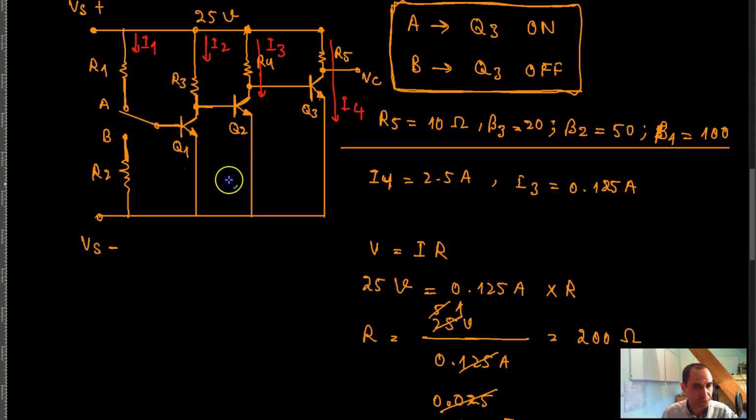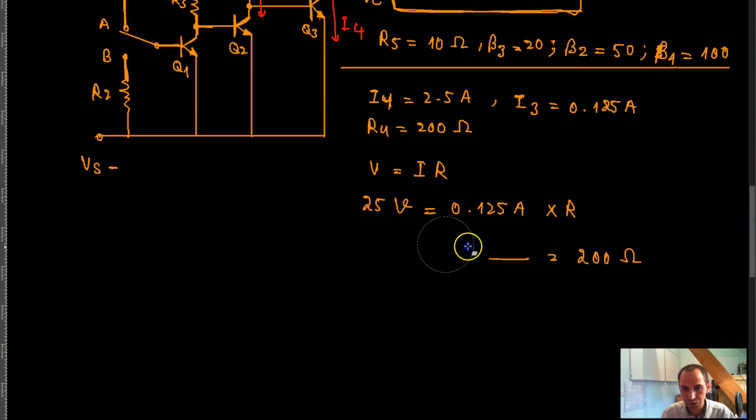When you have this resistor, the current I3 becomes 125 milliamp, and then this current over here becomes 2.5 amp, and that means that this transistor is turned on, right? So that's how you turn this transistor on.